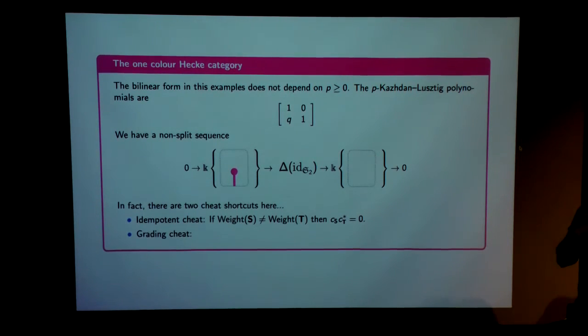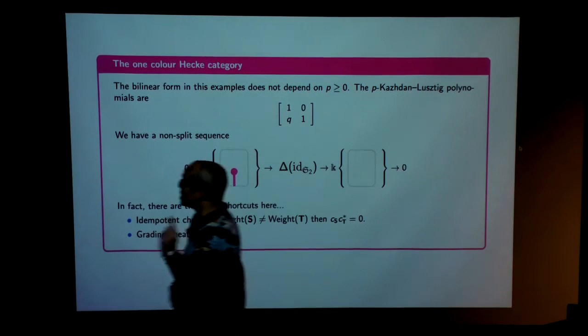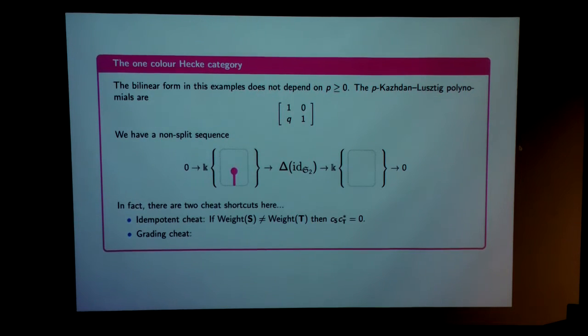And there's another cheat, which is the grading. This product has to be a scalar multiple of the idempotent. So if you don't pick diagrams of opposite degree, well, it's not homogeneous, it's a graded algebra. The only coefficient that you can have the idempotent of degree 0 in is coefficient 0.